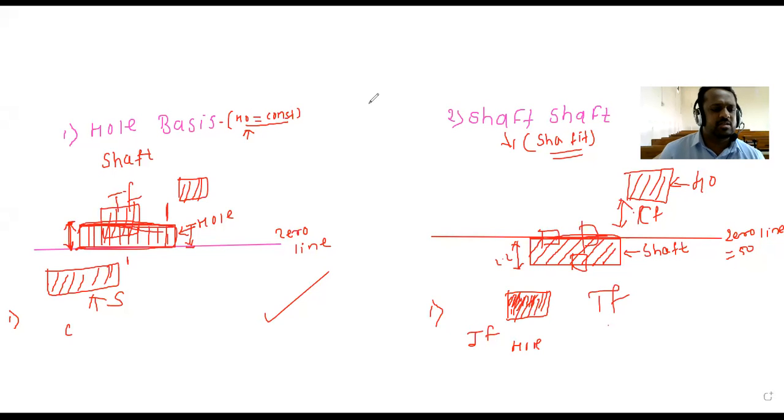Now see here, the hole basis system and shaft basis system are completed. Right now, the next point remaining is the selection of the fit. How to select the fit? Okay, there is one technique, and I will explain that technique here.